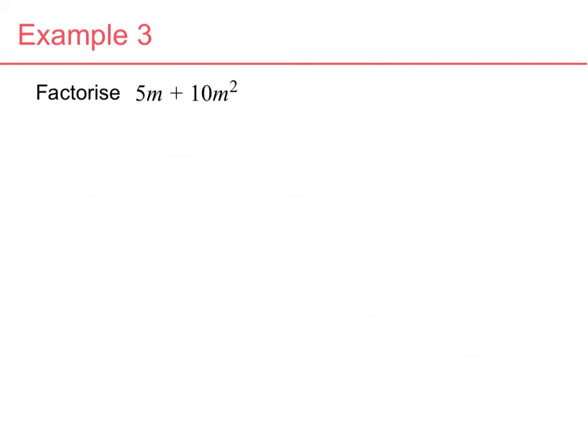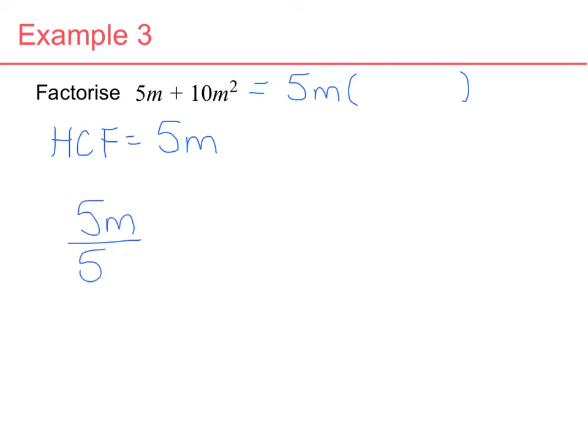Let's have a look at example 3. This time my highest common factor contains both a letter and a number. So both 5m and 10m squared divide by 5m. So that's the term that I will write outside the brackets. Now dividing both my terms by that highest common factor, 5m divided by 5m cancels down completely and leaves me with just one whole.